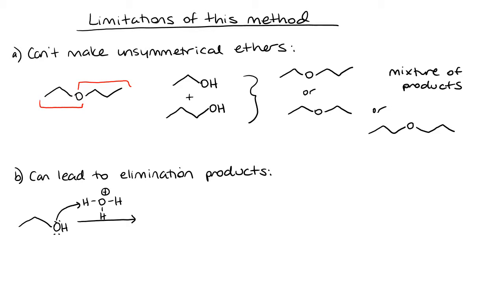So again, starting off with our alcohol, which is a bad leaving group, can go ahead and take the acidic hydrogen from our hydronium and create our good leaving group. Now, instead of having our second alcohol come in and act as our weak nucleophile, it could also act as a weak base.